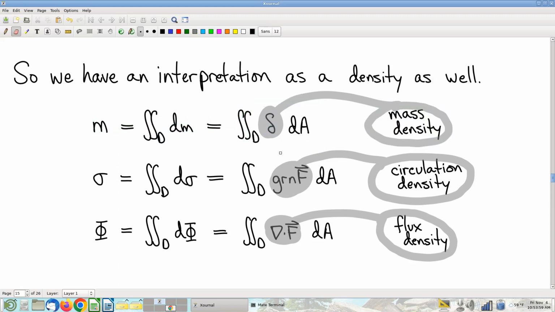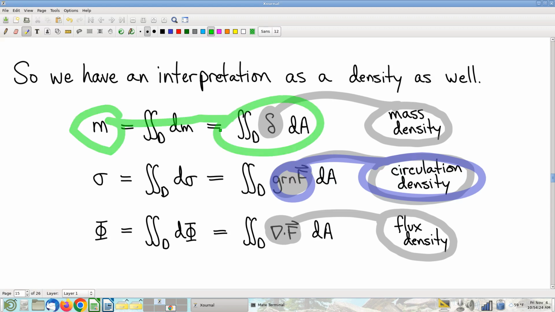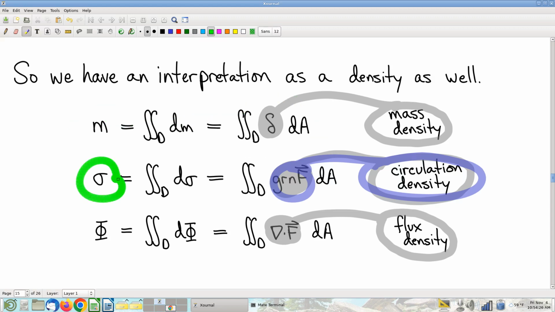We've already seen, though, you can do the same thing for circulation, right? Circulation is an accumulating quantity. You can chop it up into little pieces effectively. And on each individual piece there is a corresponding density, aka Green's operator, circulation density. And thus, in the same way that mass is an integral of mass density, circulation is an integral of circulation density. That's Green's theorem.